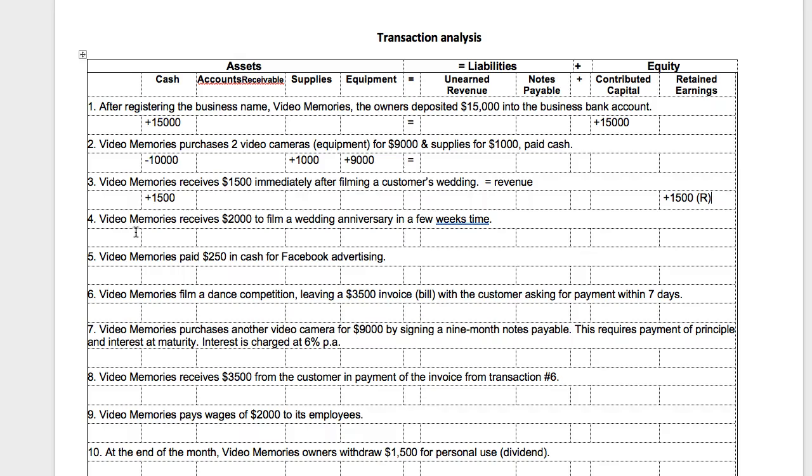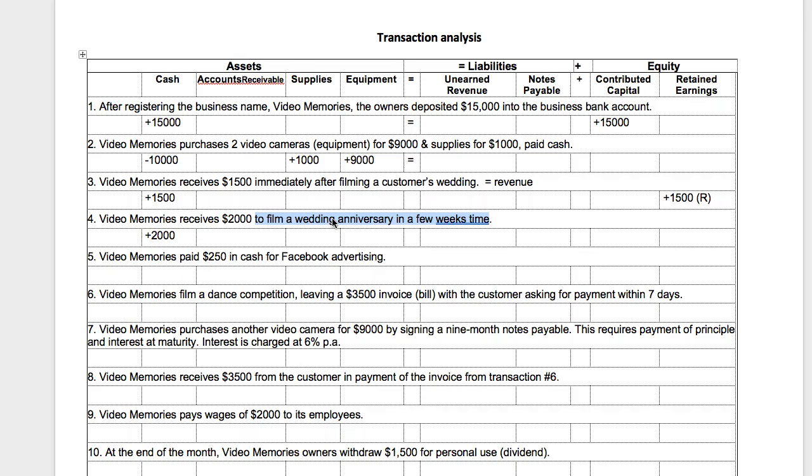Number 4, Video Memories receives $2,000 to film a customer's wedding anniversary in a few weeks' time. So receives $2,000 again means we're receiving cash. And then we need to think about, why did we receive cash? So this is from the customer.